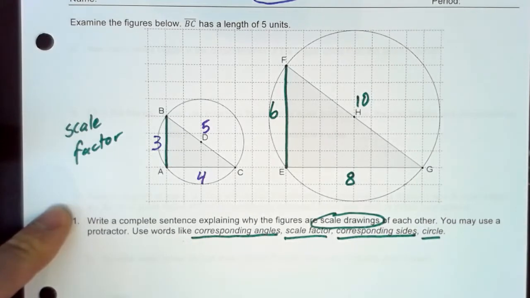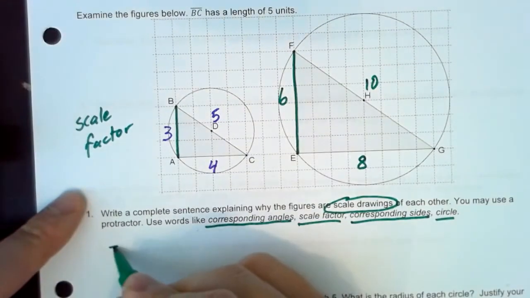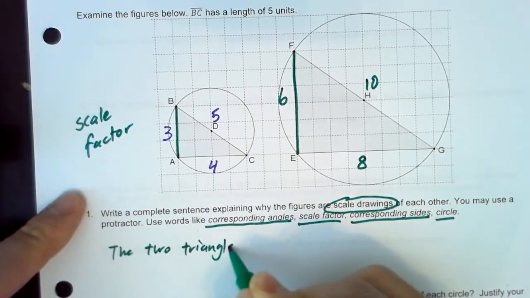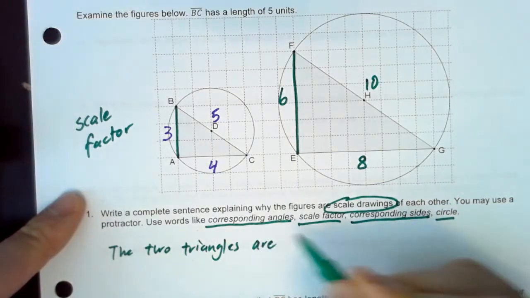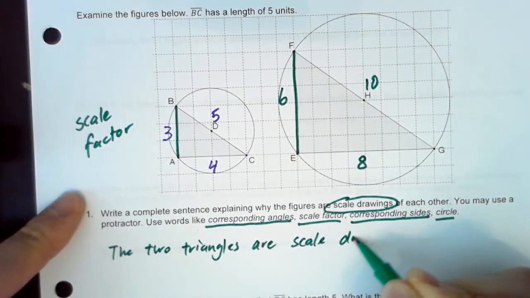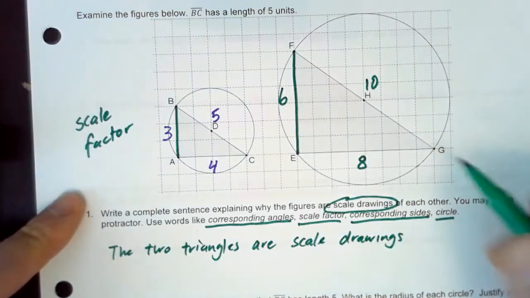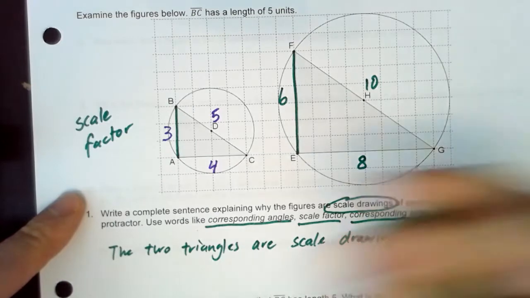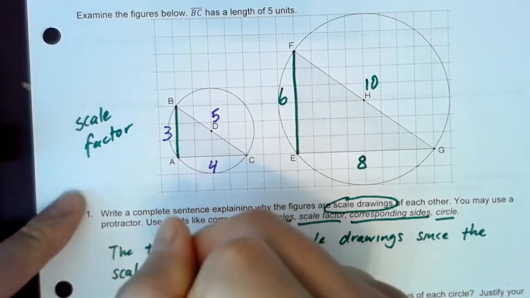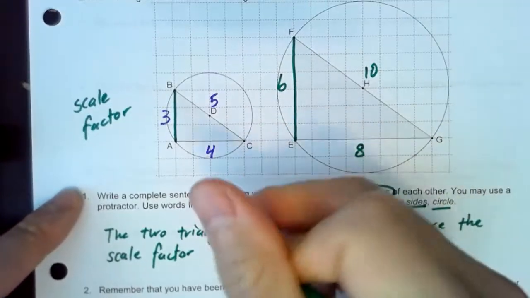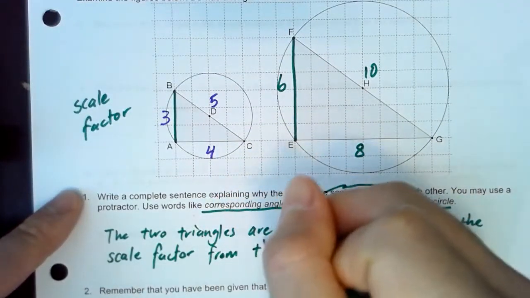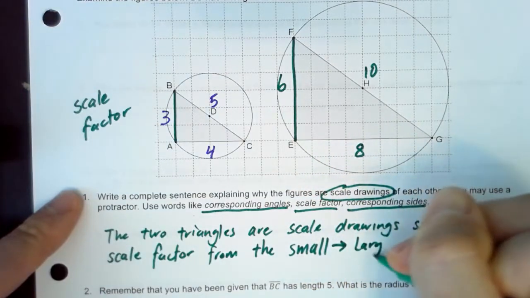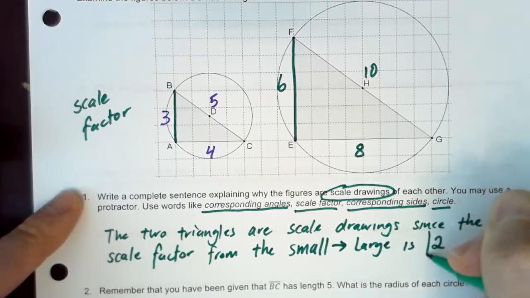Okay, so you would say the two triangles are scale drawings since the scale factor from the small to the large is 2.